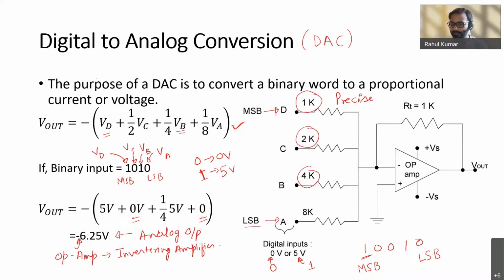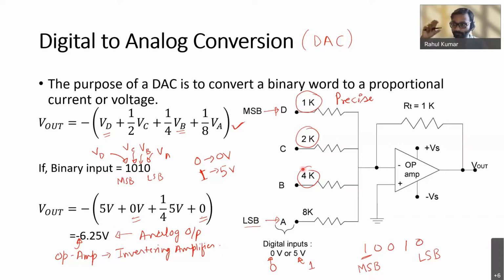And the second problem in this circuit was that the difference between the resistors is quite high. One is 1 kilo ohm, then the next resistor is 2 kilo ohm, double of that, and then again double of that, you have 4 kilo ohm, and then again double of it is 8 kilo ohm.